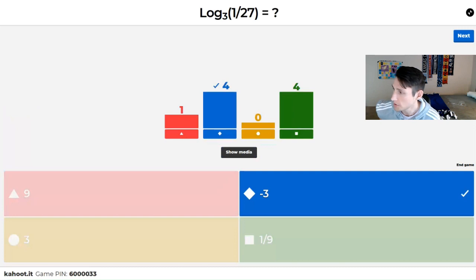Well, 3 to the third power is 27. So if I want to make it 1/27, then that would be 3 to the negative third power makes 1/27. All right. Let me pause and give you an opportunity if your stream's falling behind again, if you need to refresh your stream, again, not the Kahoot, if you want to refresh the Twitch stream so that you're the most up-to-date that you can be, go ahead and take a second to do that.